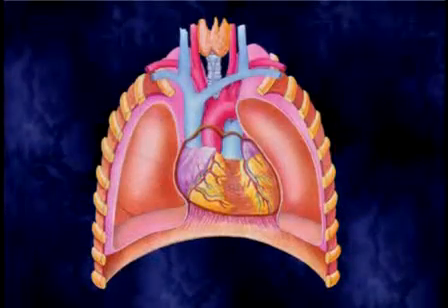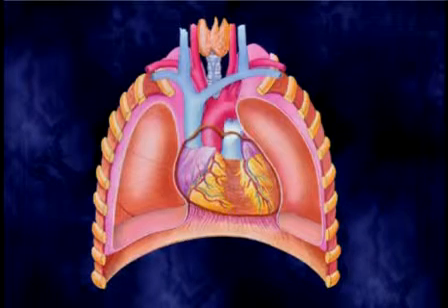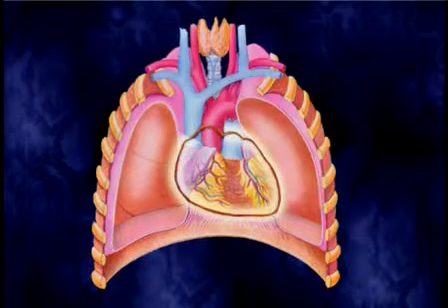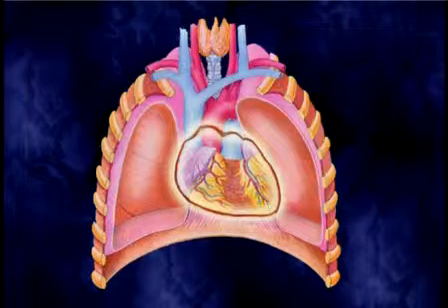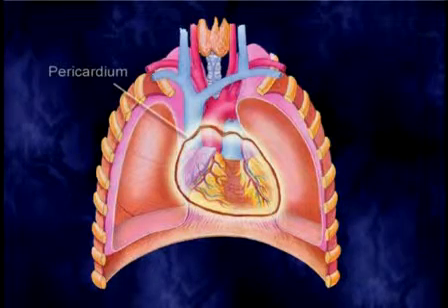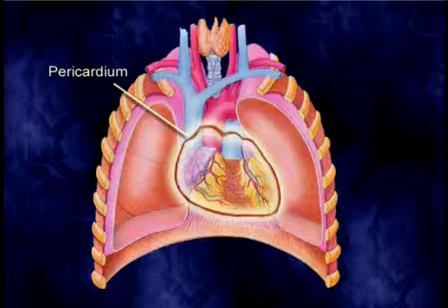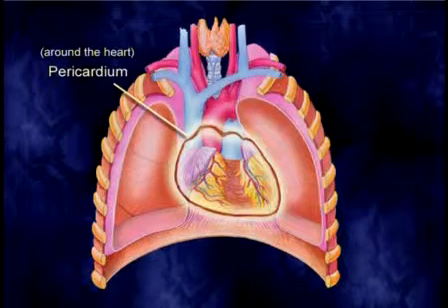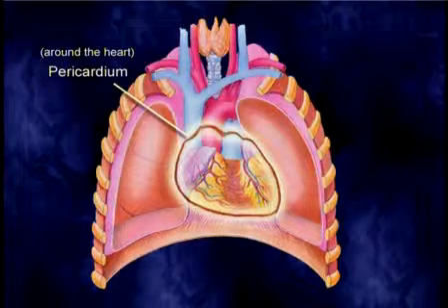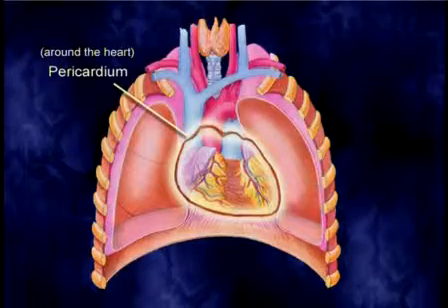It's not sitting in the chest free, but as you can see, the cut edge here in this plane has a little sac around it called the pericardium. Pericardium, meaning around the heart, is a tough, fibrous sac that holds the heart in place and gives it some protection. It also protects the heart from overexpansion in diseased states.